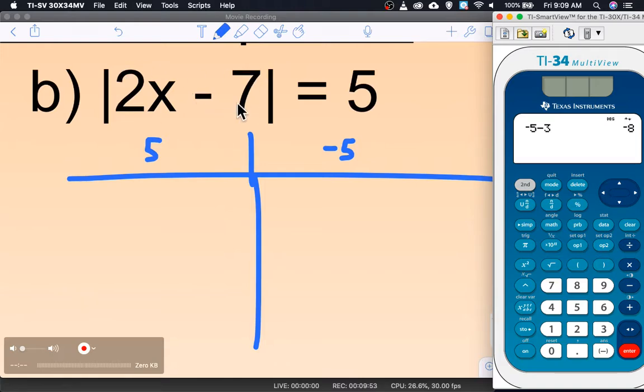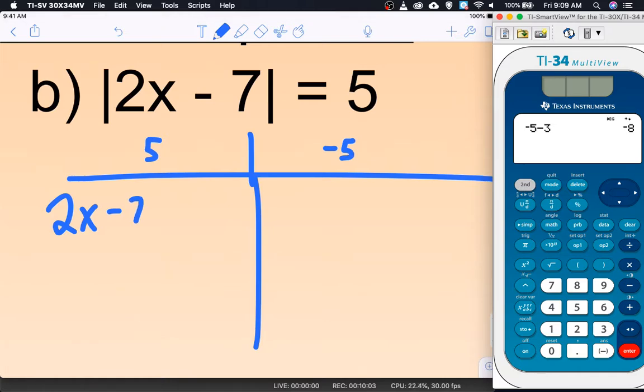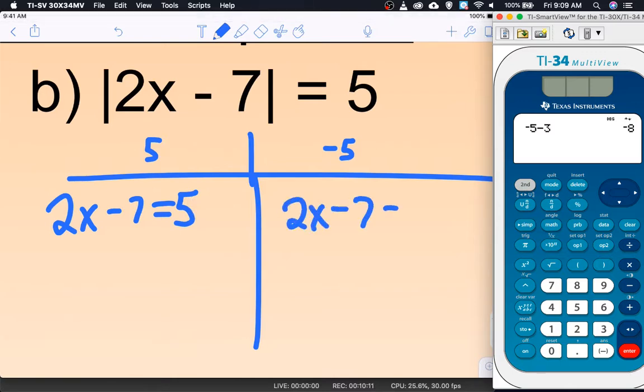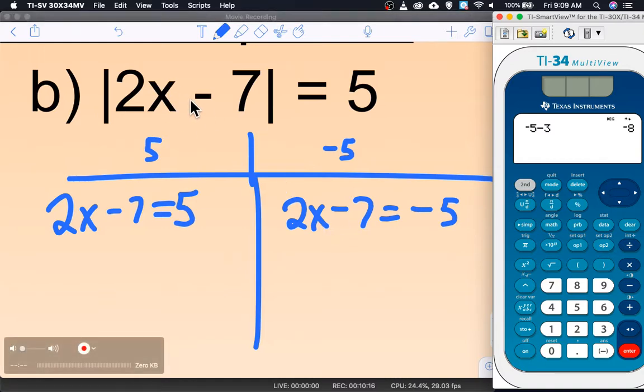If this stuff in here was a negative 5, then the absolute value of negative 5 is 5. So I set up my two separate equations. One, I'm going to make this junk equal 5. The other, I'm going to make that junk equal a negative 5. I'm going to figure out what x value makes it a negative 5. And so I'm going to solve.